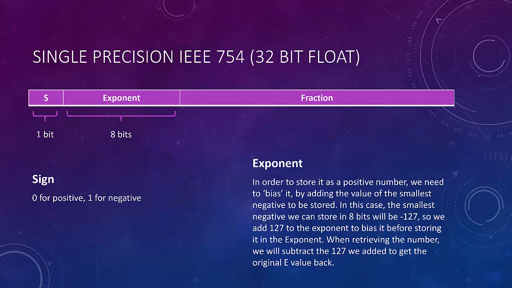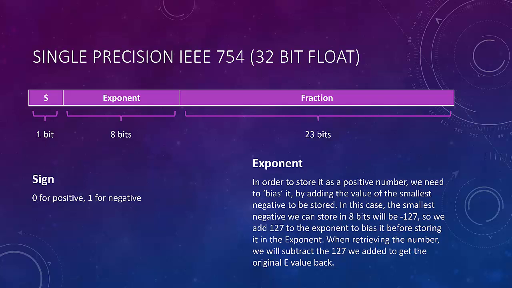So with 8 bits, the smallest negative we could store is -127. So we simply add 127 to this number. And that ensures that we've always got a positive number stored there. Obviously with the double precision, the number's different. I'll go over that later.